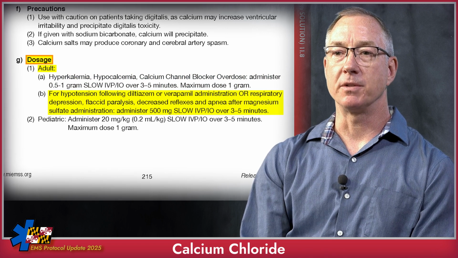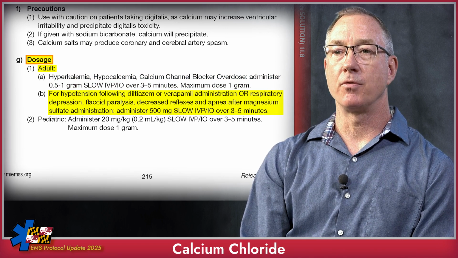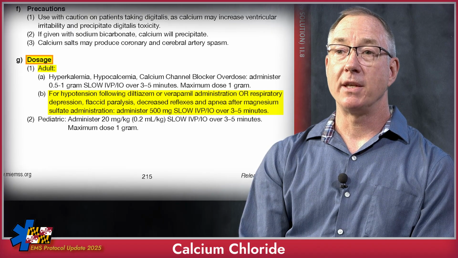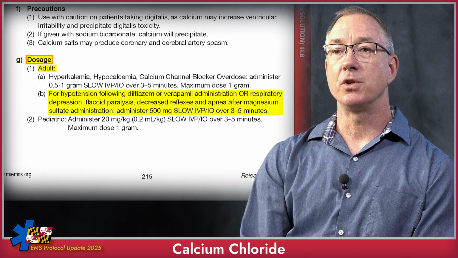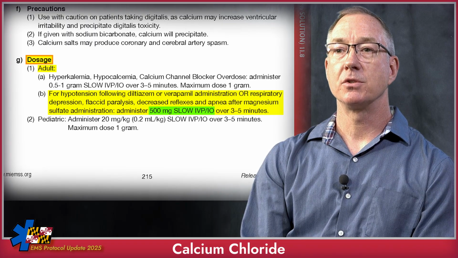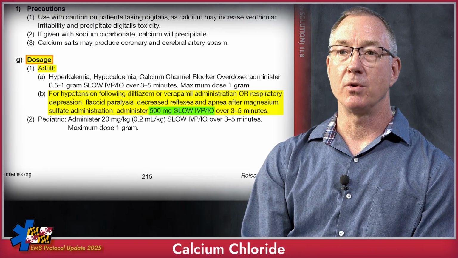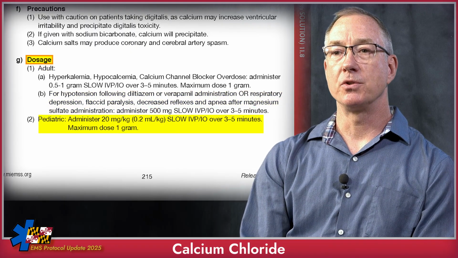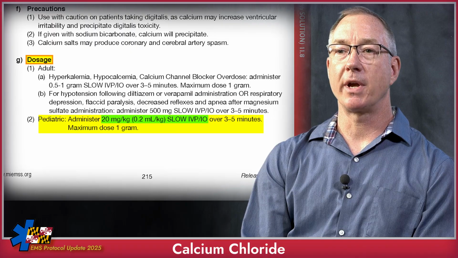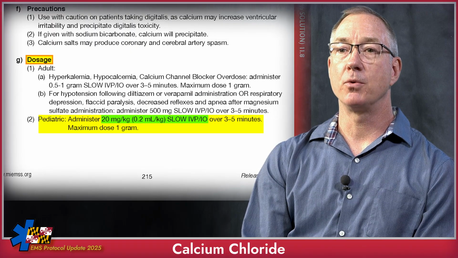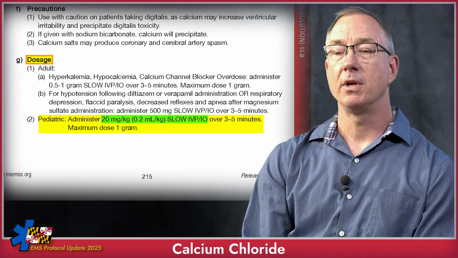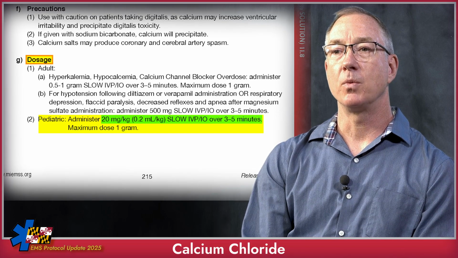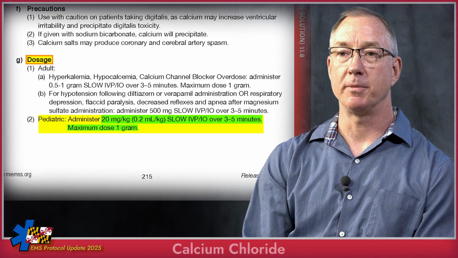And for hypotension following diltiazem or verapamil administration, or for adverse effects due to magnesium sulfate administration, the dosage is 500 milligrams, slow IV push or IO, over 3 to 5 minutes. Pediatric dosage for all indications is 20 milligrams per kilogram or 0.2 milliliters per kilogram, slow IV push or IO, over 3 to 5 minutes with a maximum dose of 1 gram.